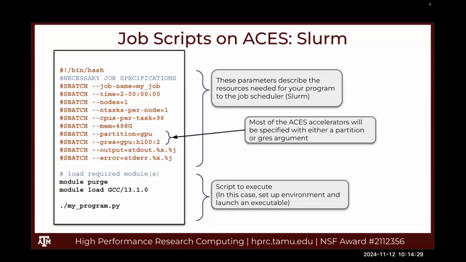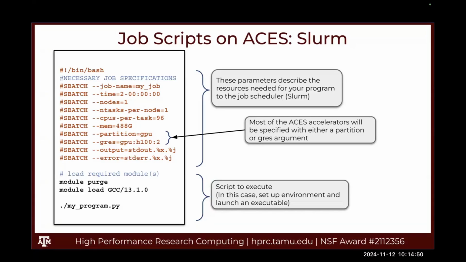So here comes a job script to run on ACES. This just shows you one sample to run on GPU using just one node. You can request up to 488 gigabytes of memory. This is more or less the example script you can modify.